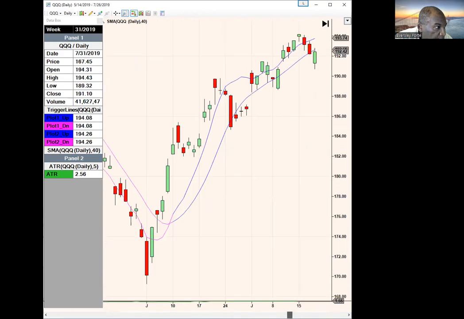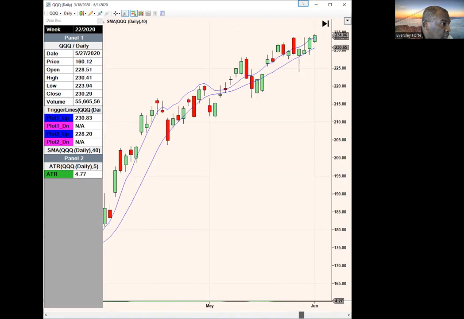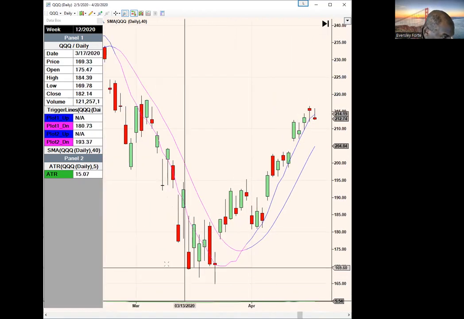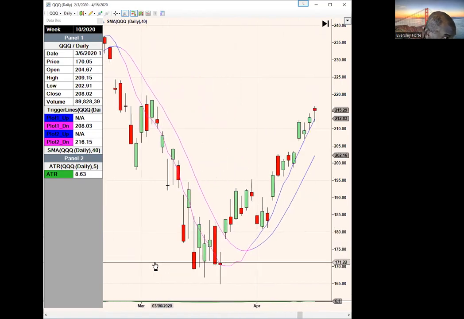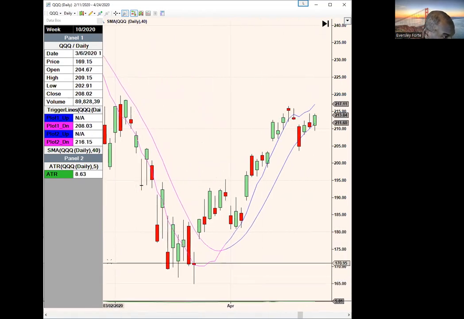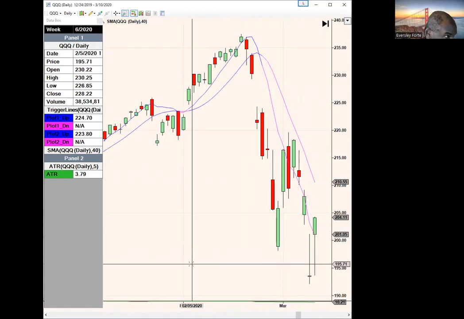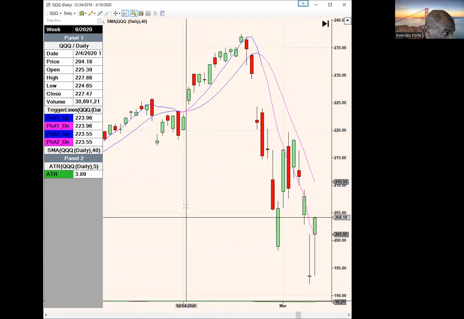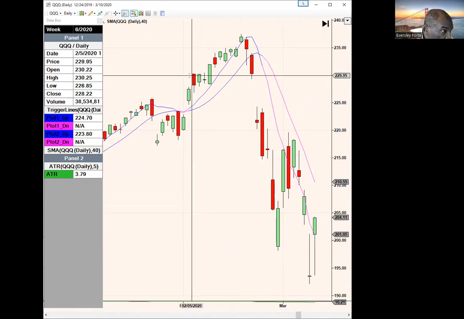Just scroll back and take a look at when those wins happen. Let's see where we are. Is this 2020? Okay, we had one trade here on 2/4.